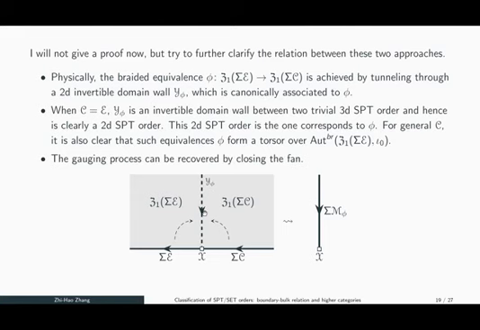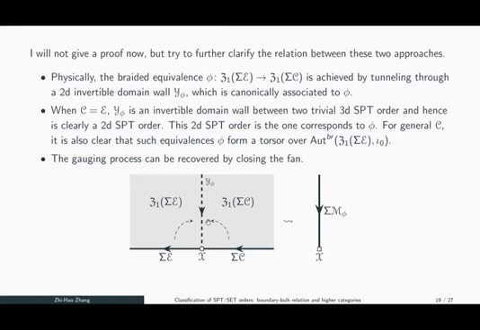If C is equal to E, W φ is an invertible domain wall between two trivial 3D SPT orders, and so it is a 2D SPT order. This 2D SPT order is just the one corresponding to φ. And in general, for general C, this equivalence φ is a torsor over the automorphism group. Yeah, because you can stack another automorphism and get a new one.